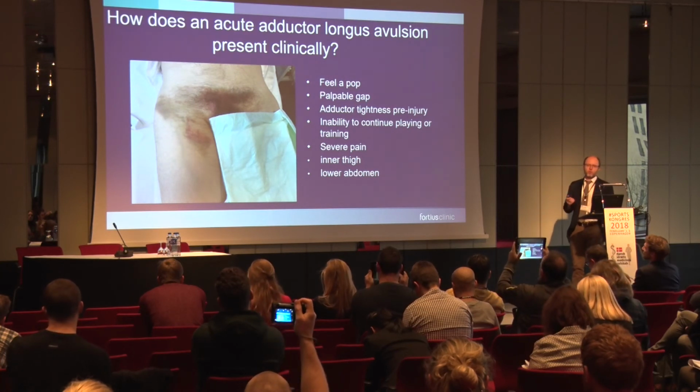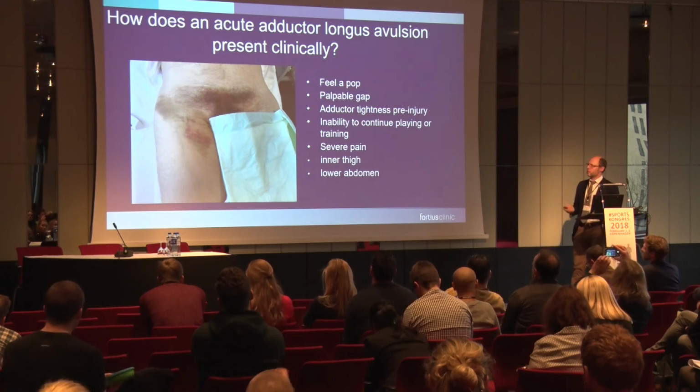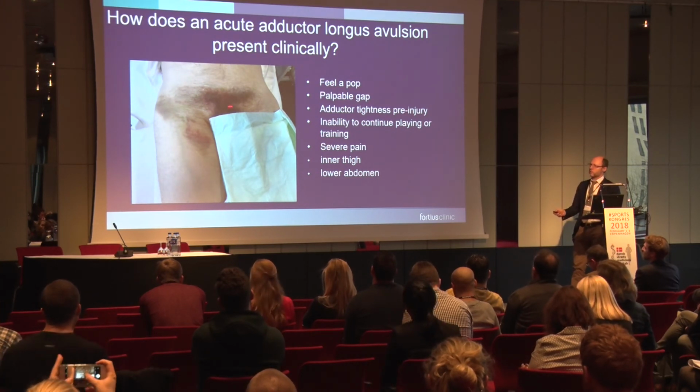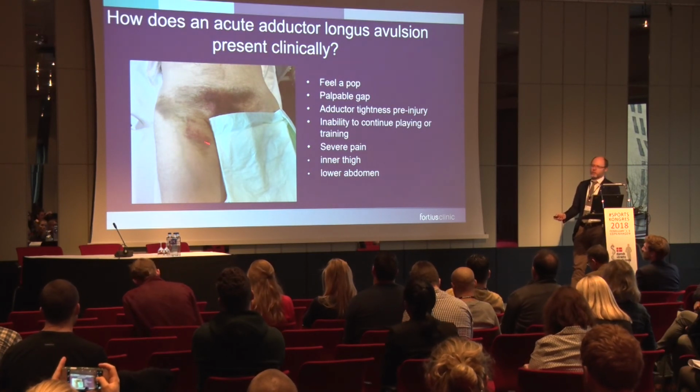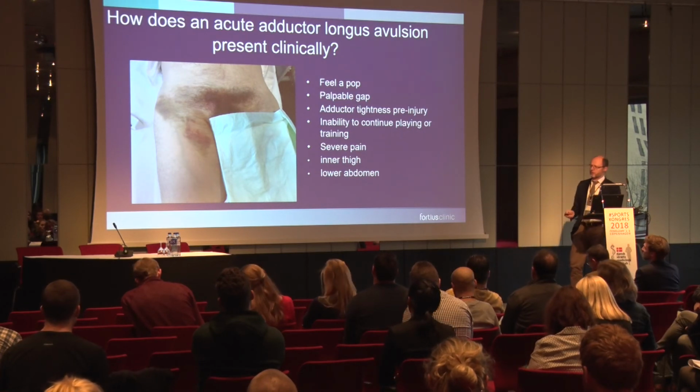The overall majority will tell you that they felt a pop. So that already points you in the right direction. But also look at the geography of your ecchymosis. You can see it's not crossing the midline, it's on one side, it's in the lower abdominal area, it's over the adductor area. So now we have involvement here of both the adductor longus and the pyramidalis muscle.